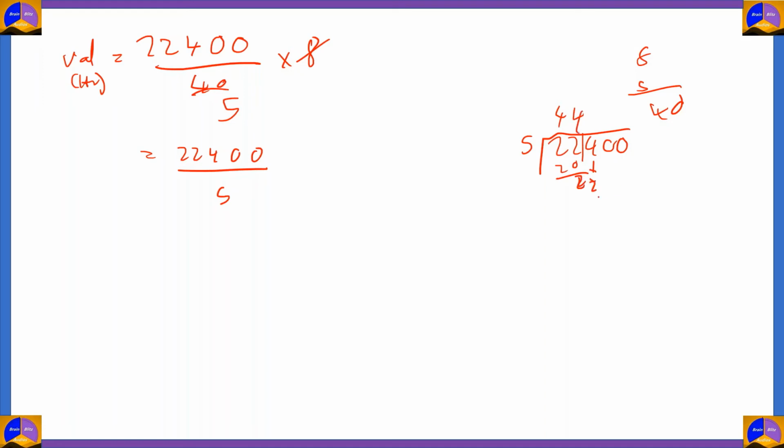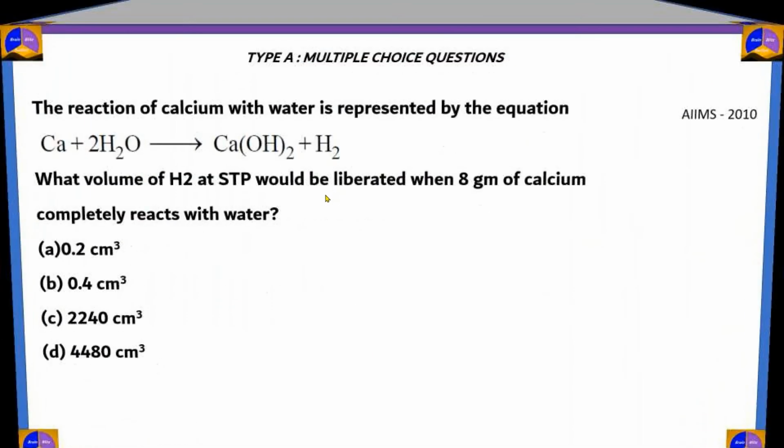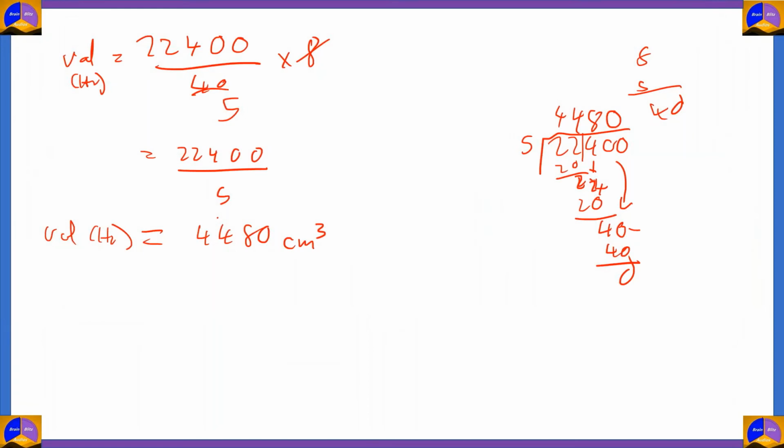Again, 4 times 5 is 20, and then there's 40. So that's 8 times 5 is 40. So we'll put a 0 there. So the volume of H2 liberated will be 4480 cubic centimeters. And if we go back, we find that option D is the right answer because it has the value 4480 cubic centimeters, which is the value that we got by calculating.